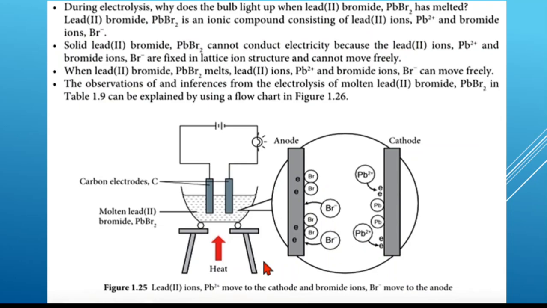Okay? So, maksudnya apabila electrolysis itu berlaku, okay, we heat the molten lead to bromide. So, the ion free to move. The Br minus go to the positive electrode anode. The Pb2+ go to the negative electrode cathode. Now, the Br minus, dia akan buang elektron, satu elektron di sini.